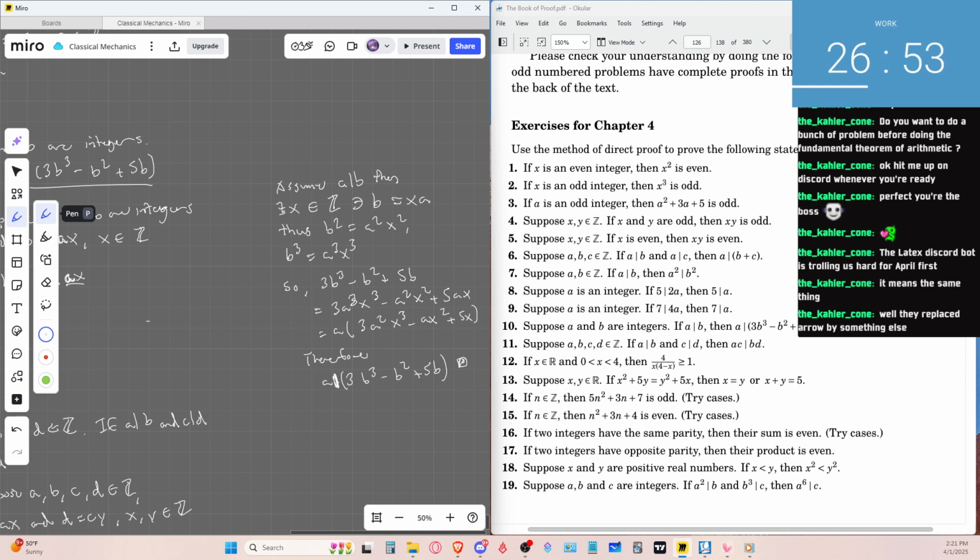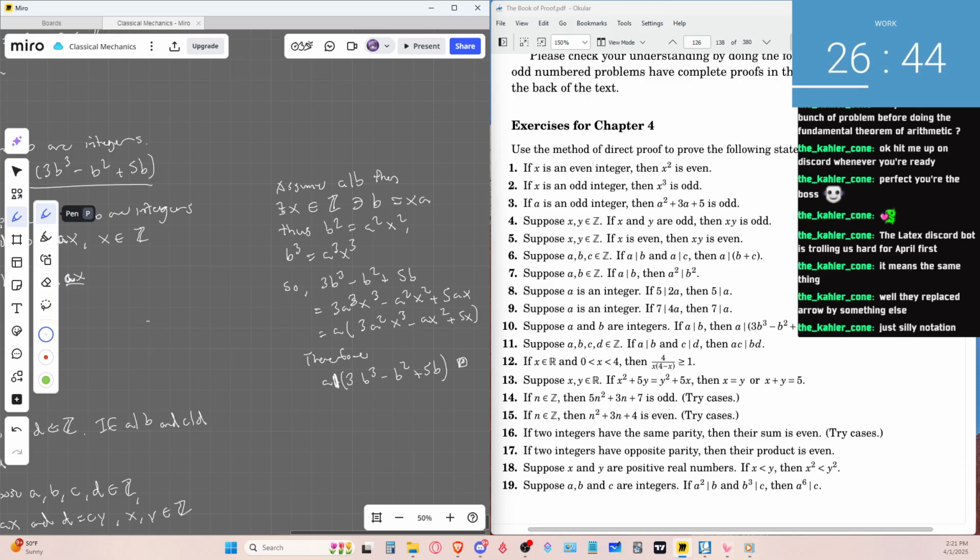Oh, okay. Just silly notation. So should it be like this E then? Well, I shouldn't call it an E. That's an epsilon, I think. So it doesn't matter if it's backwards or the way that I'm used to.